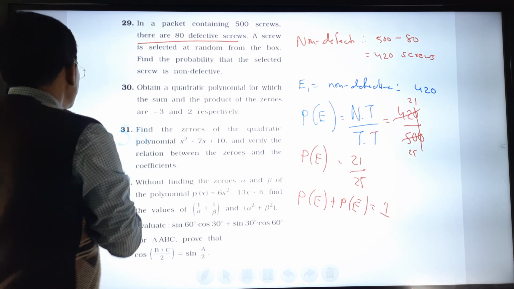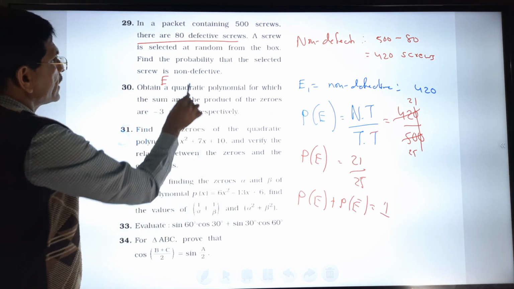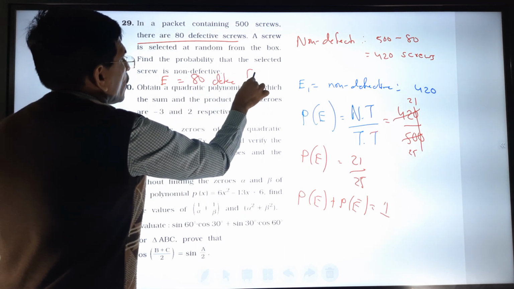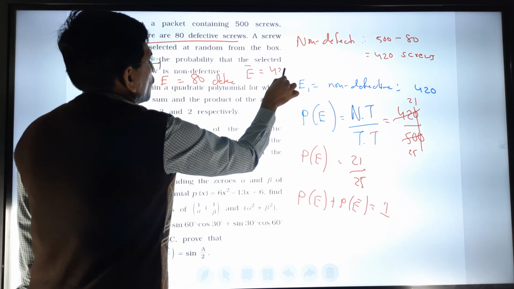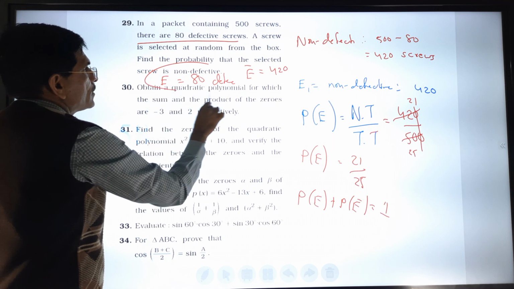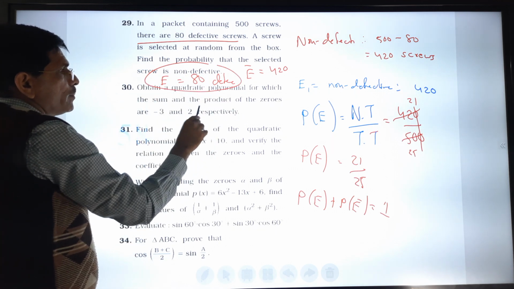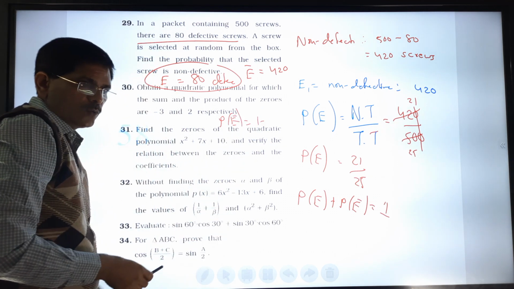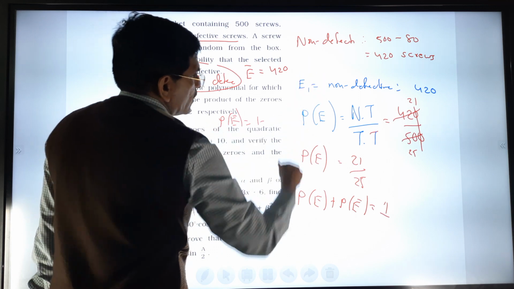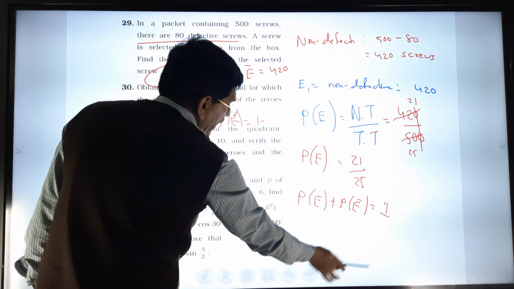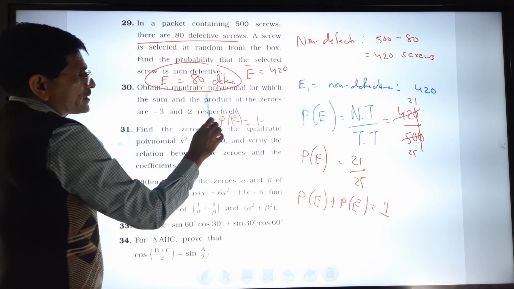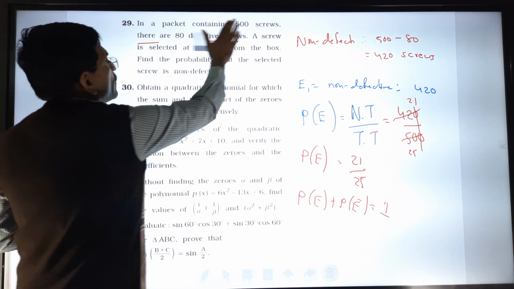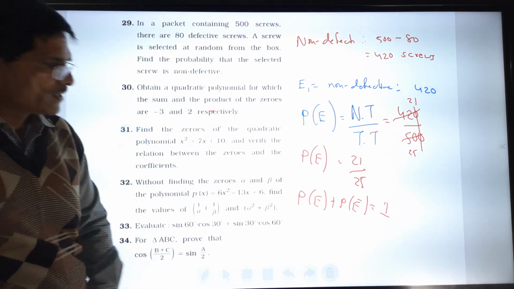If I find P(E), we can find P(E bar) by 1 minus P(E). You can also do it by this method, but the easiest way is the earlier one. I hope you have understood it. There is no need to explain another way. If you understand one way properly, then it is sufficient.